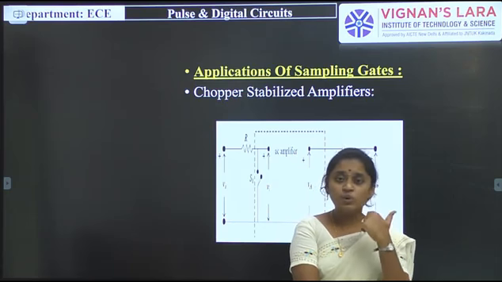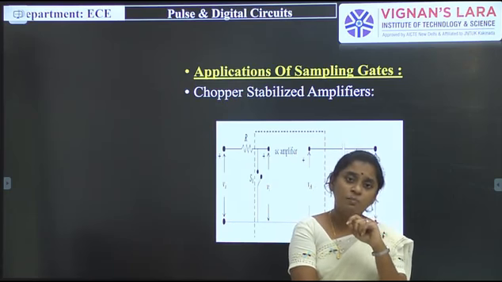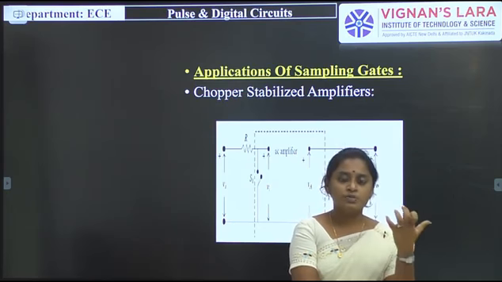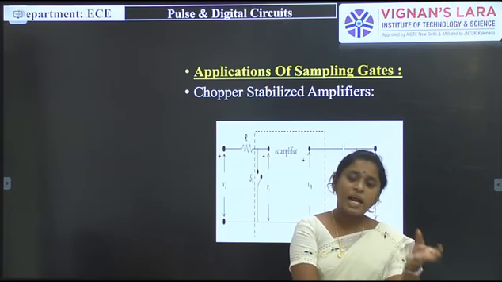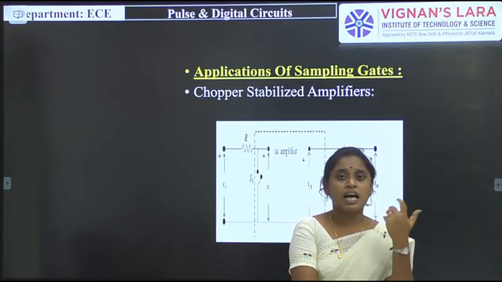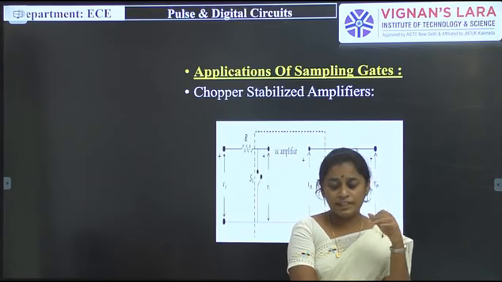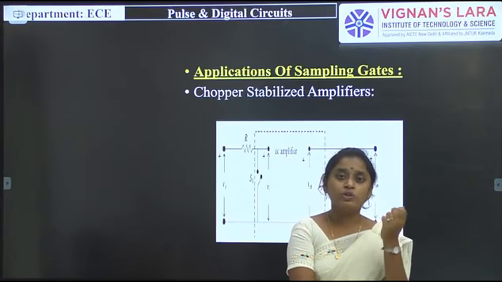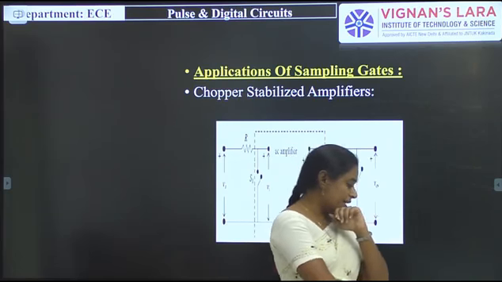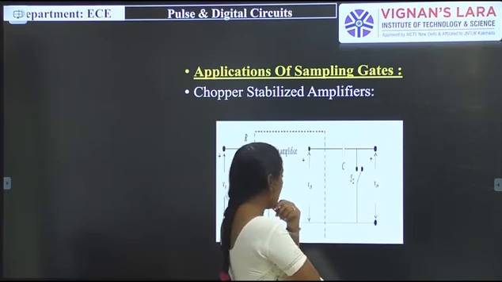But this problem can be overcome by using a chopper amplifier. The chopper amplifier amplifies as much as possible, most of the input signal. That is the major advantage of the chopper amplifier.